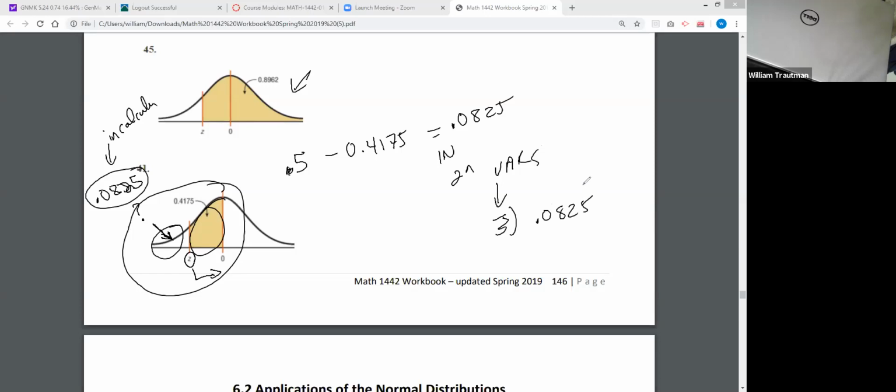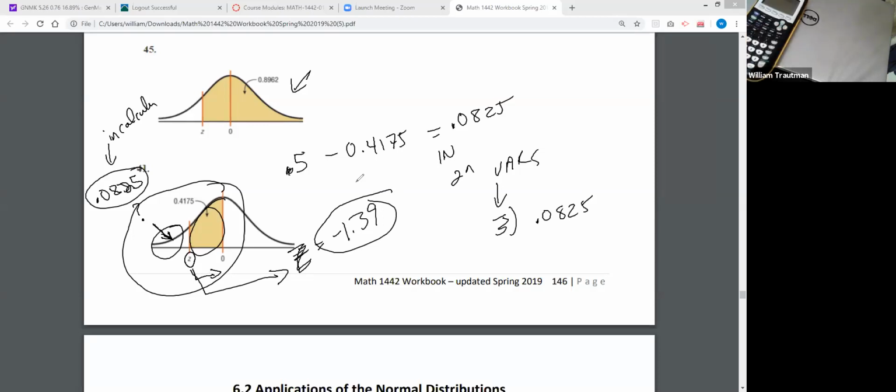And the Z value that we're looking for is negative, Z equals negative 1.39. Z values always go to 2 decimal places. 0.388 rounds to 0.39. And make sure it's on the left side of 0, so the Z is negative, so you're just going to verify that.